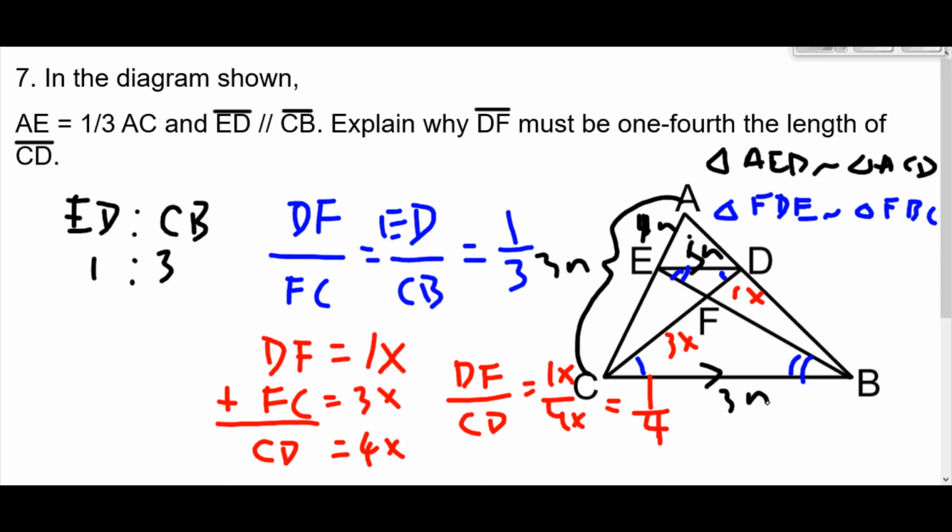We are going to calculate that DF is 1x and FC is 3x, therefore CD, the whole segment, must be 4x, and therefore comparing DF to the whole segment CD is going to be a ratio of 1 to 4, or 1/4. So we would say in this case that DF must be 1/4. DF is equal to 1/4 of CD. We multiply both sides here by CD though.